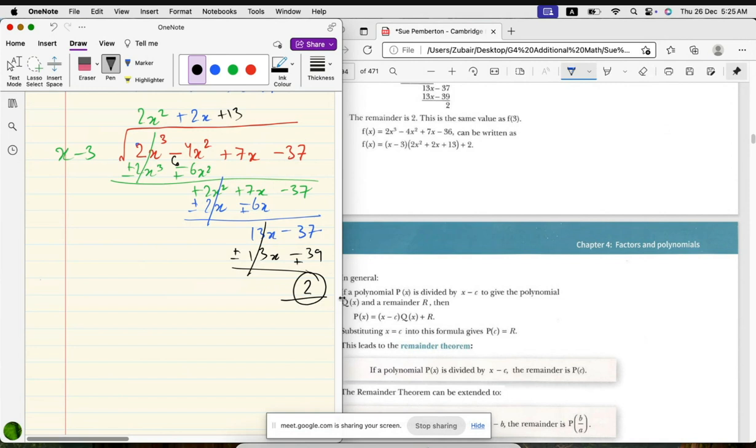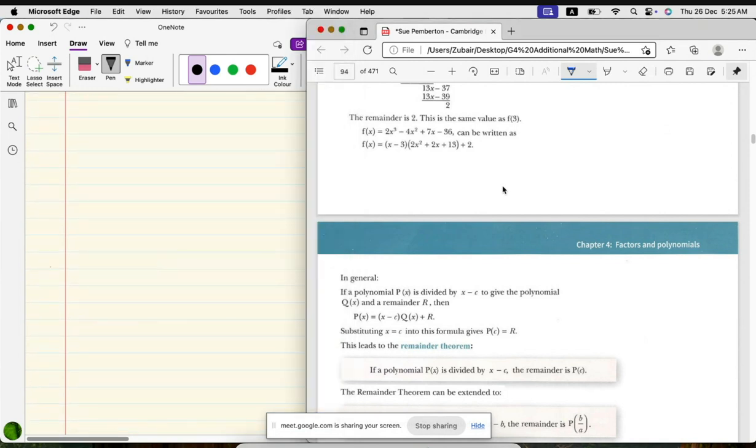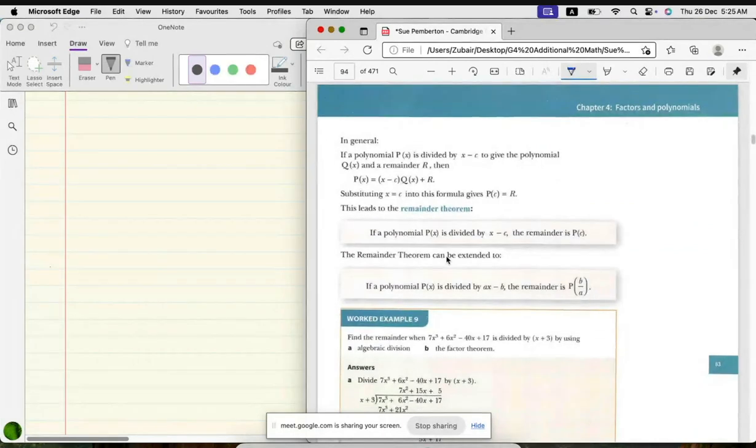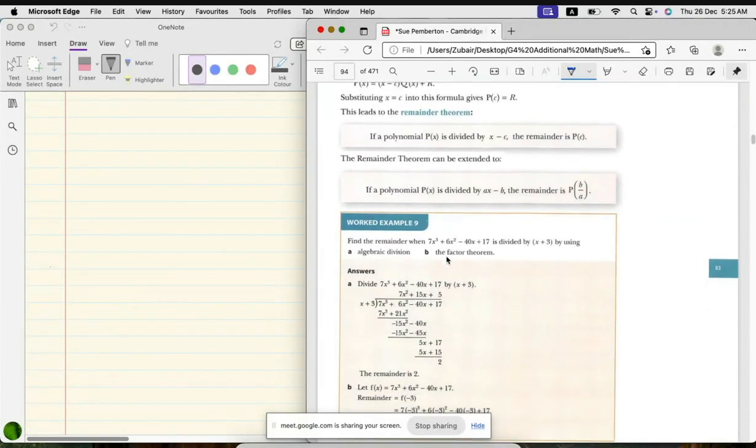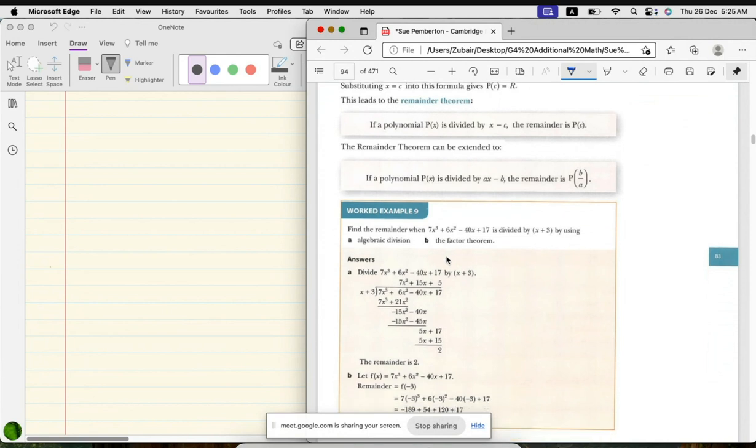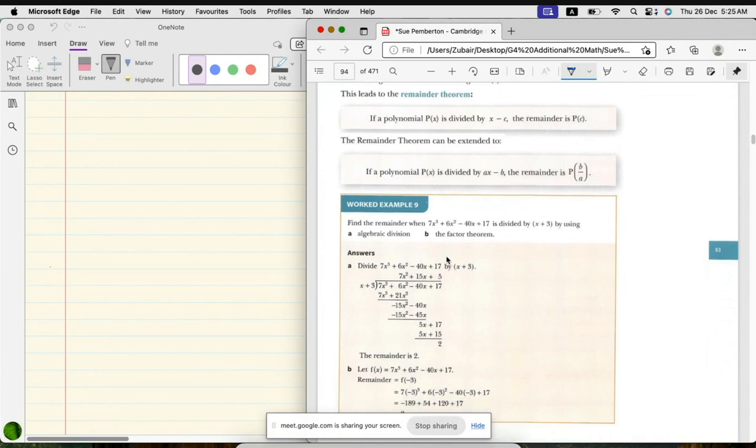And we stop here, as we know that 2 cannot be divided with x. And so in a question, we would just write beside our answer, remainder 2.